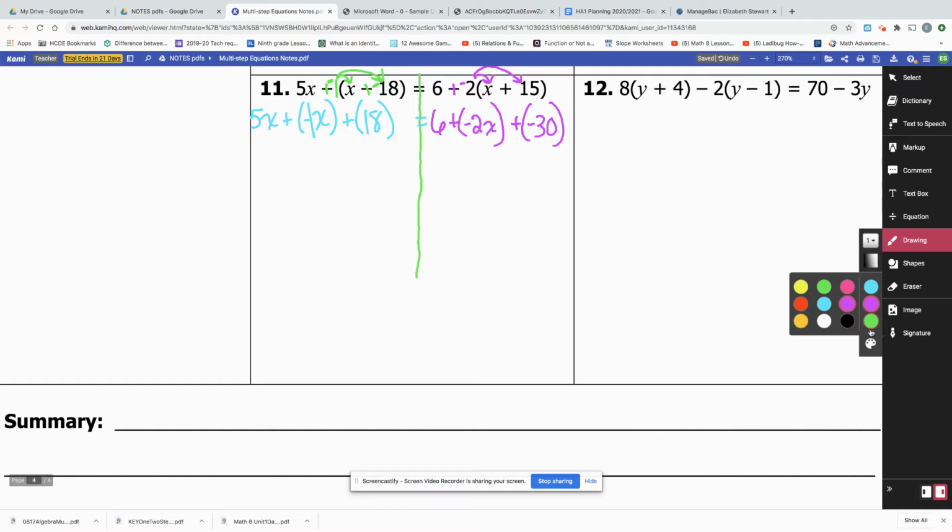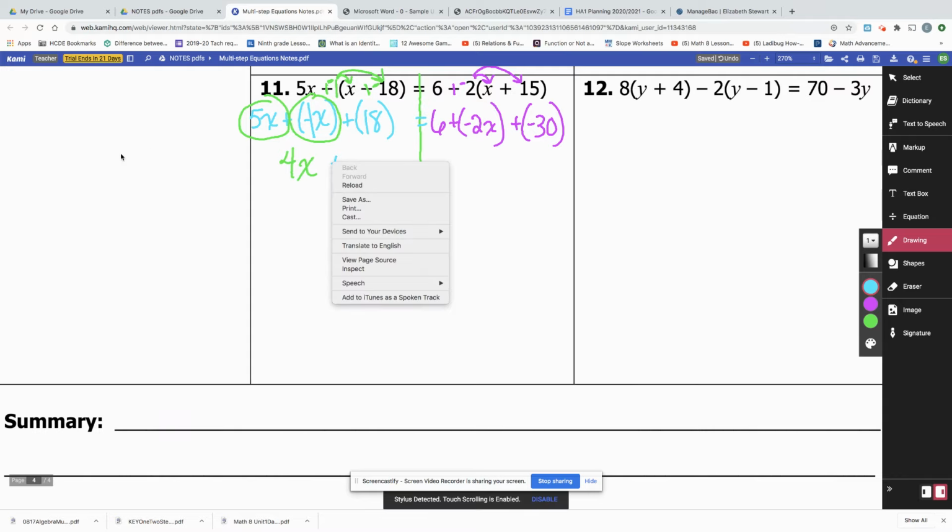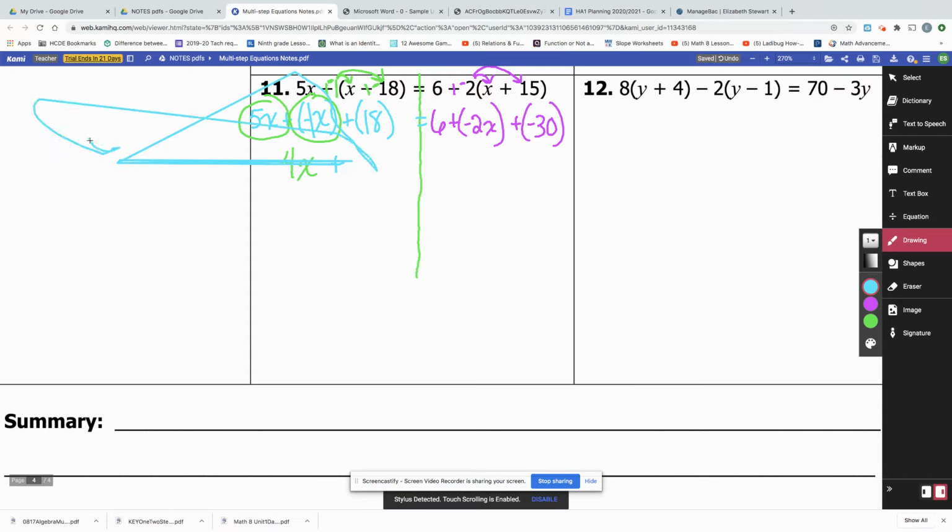Okay, there's too many colors. On the left side, before I just start moving constants to one side and variables to the other, I notice I can combine some like terms. 5x and negative 1x, they become 4x plus 18.